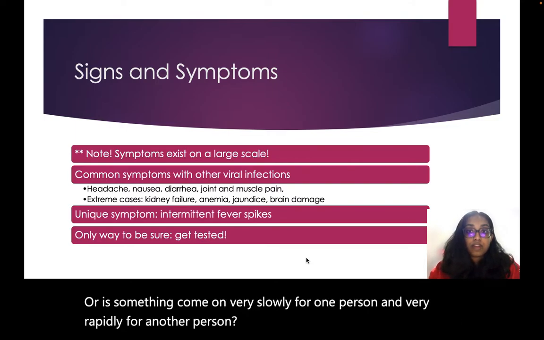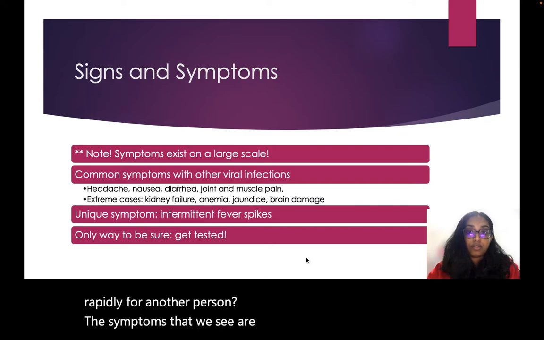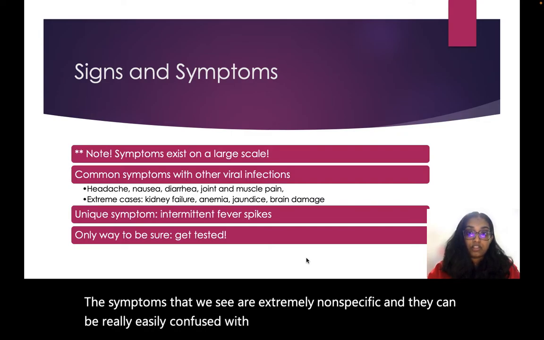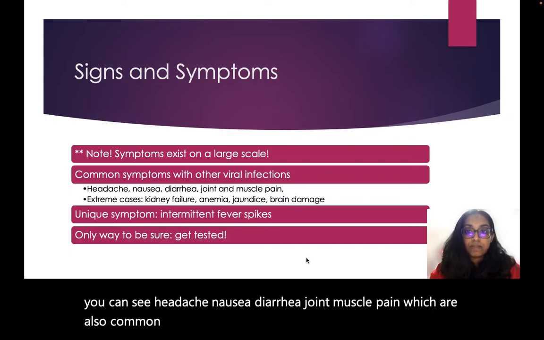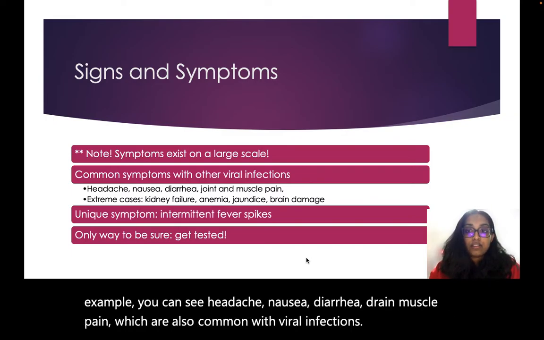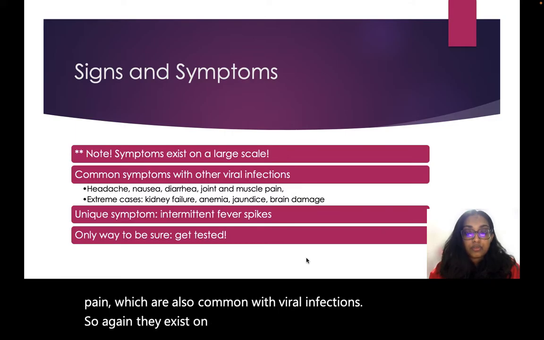The symptoms that we see are extremely non-specific, and they can be really easily confused with other viral infections. So, for example, you can see headache, nausea, diarrhea, joint and muscle pain, which are also common with viral infections. So, again, they exist on a large scale, so some people may experience different things at different levels than other people.